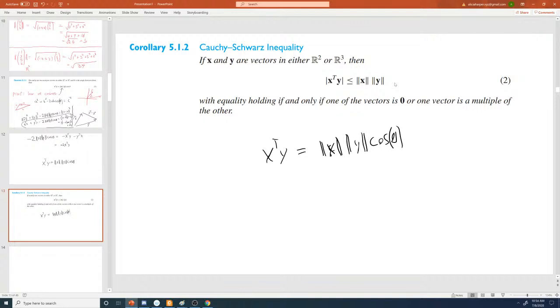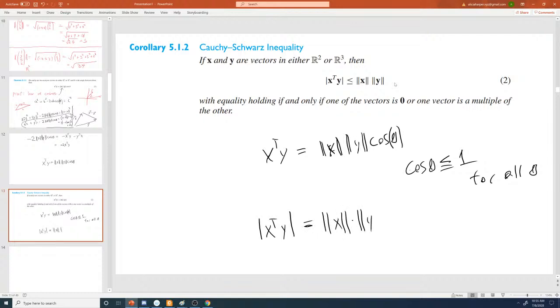We also know that cosine of theta is less than or equal to 1 for all theta, which means the absolute value of x transpose times y is equal to the length of x times the length of y times the absolute value of cosine of theta.